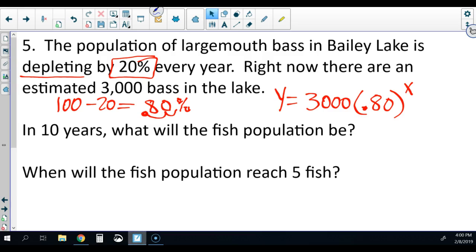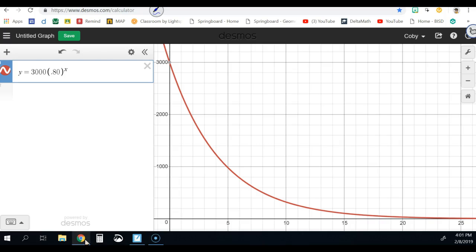In 10 years, what will the fish population be? So population here is y. X is years. The population is y. We don't know what y is, but we know x equals 10. We're trying to find the population. We're trying to find y. We can plug in 10 for x, or what I like to do is graph x equals 10.